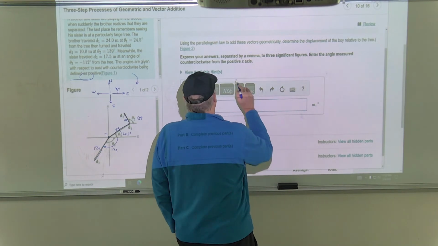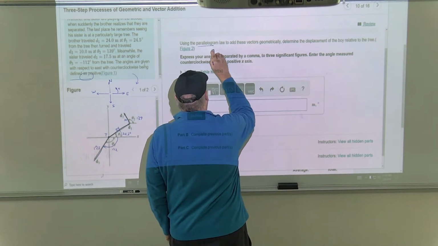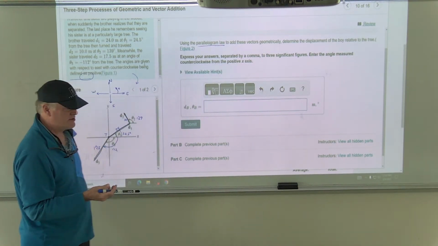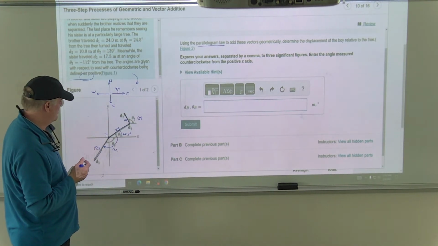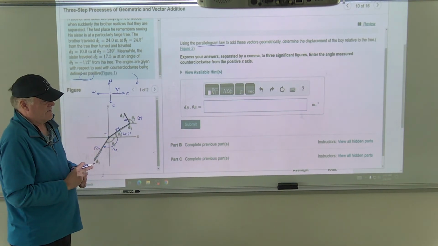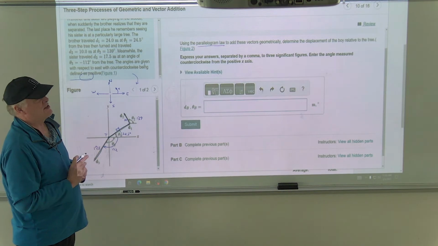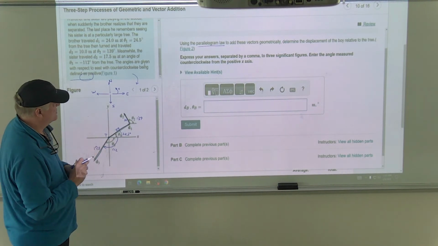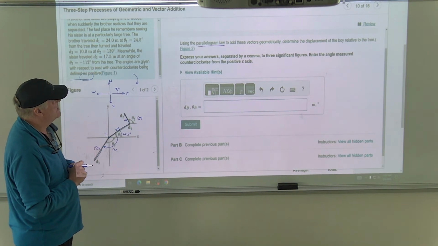It's true he's asking that, but by the same token, you can come up with the answer without using the parallelogram law if you break it into XY coordinates. He's asking you to do something that you don't necessarily have to do to get the answer. So it's up to you whether you want to do that or not.